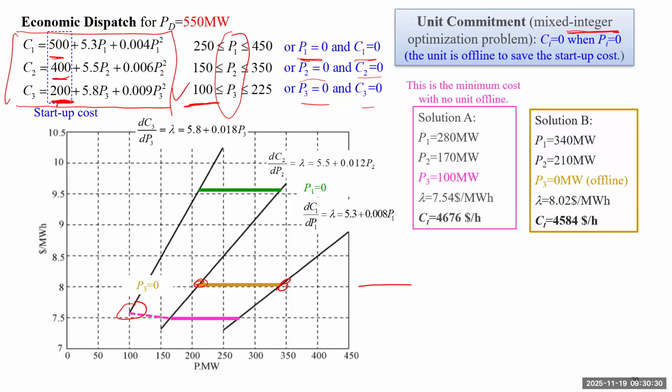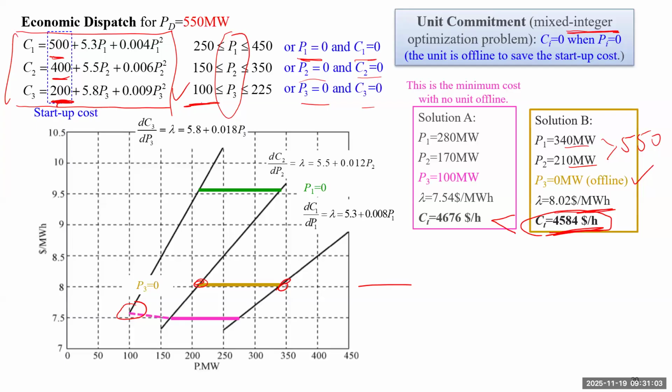It says unit 3 is off, and unit 1, unit 2 together give you that 550 megawatt. So the price in this one is higher than the incremental price for the first one, but you save the cost for unit 3. So the final total cost of the system is smaller than the original solution. So by turning off unit 3, you can save some money.